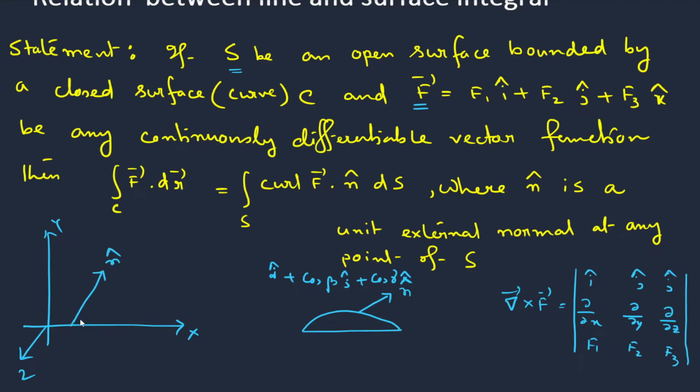Now you see this n cap makes some angle with the x-axis, some angle with the y-axis, and some angle with the z-axis also, right? And suppose this is gamma. Then we know that if a vector makes alpha, beta, gamma with the x-axis, y-axis, and z-axis, then it can be expressed like this: direction cosines, cos alpha i cap, then cos beta j cap, and then cos gamma k cap.